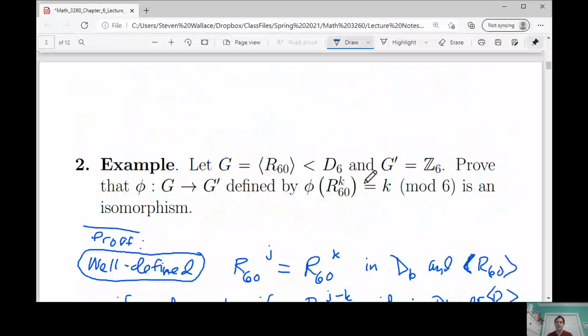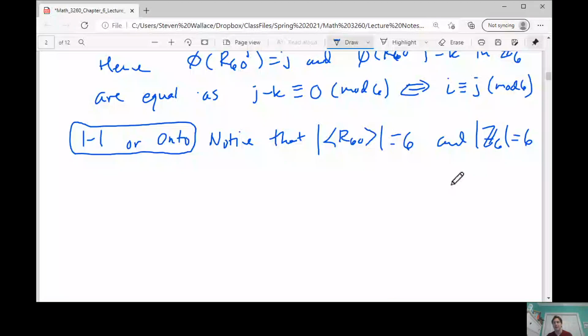So it turns out that if we prove one of these two things, one-to-one or onto, then the other one comes for free since they have the same order. If these were infinite order, you couldn't do that. You'd have to prove both. But since we have shown it's well defined, if we show it's one-to-one, then by the pigeonhole principle, everything in here will go to everything in there, and therefore everything in there has something in here that goes to it. But we could prove each of them separately. It's just, we sort of already did it, right?